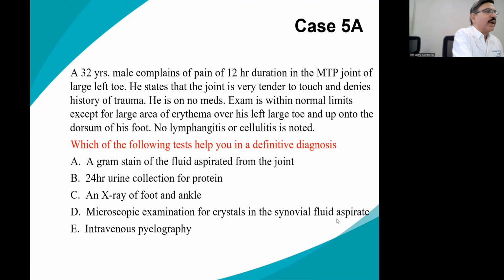Okay, negative birefringence. Synovial aspirate will be the best. Once you have aspirated the synovial fluid, you can even do the Gram stain also. So those two will be the answer. So this is how you work up the case.